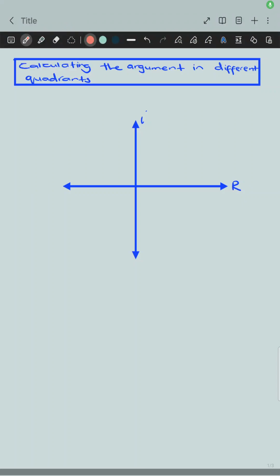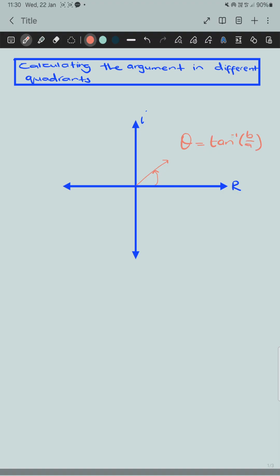Students, in this lesson we are going to learn how to calculate the arguments in different quadrants. In our previous lesson, we saw how to calculate the argument in quadrant 1 using the formula theta equals arctan b over a.